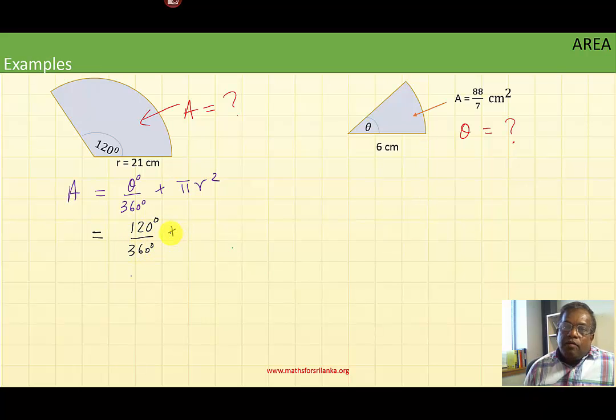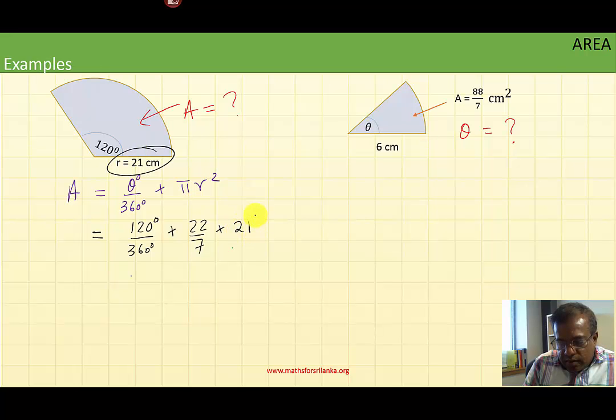times π. We use 22 over 7 times r squared. The r is given as 21, so you get 21 squared, or 21 times 21. Now 120 is a factor of 360, so 120 times 3, and 3 times 7 is 21, so that will cancel one of the 21s.